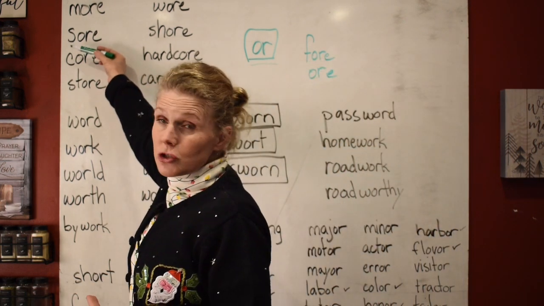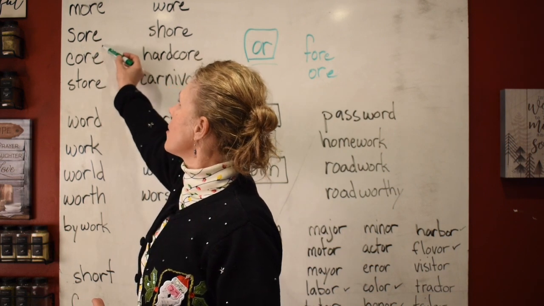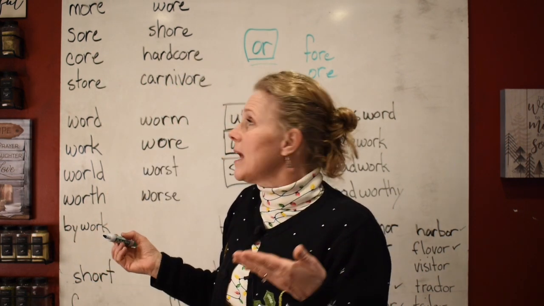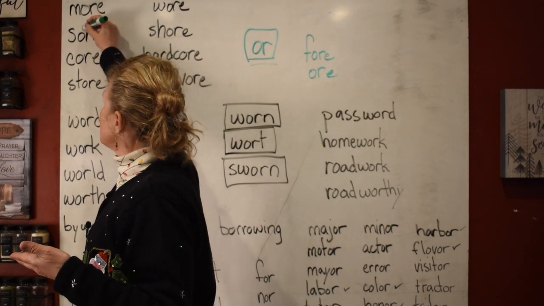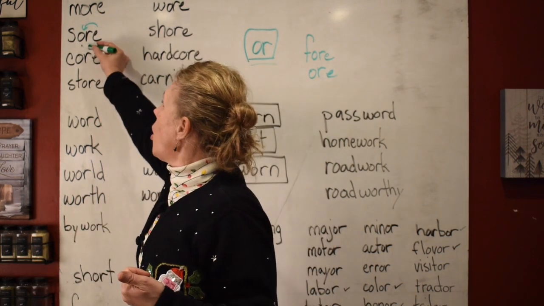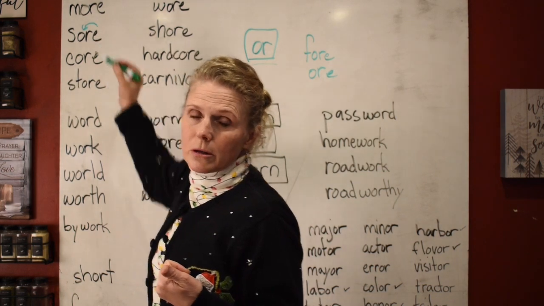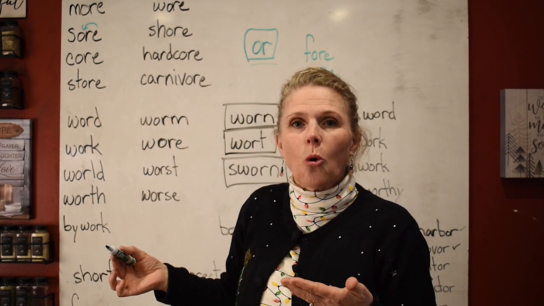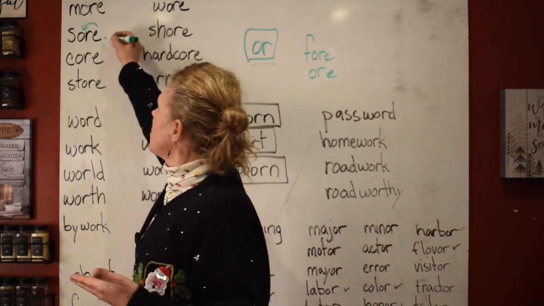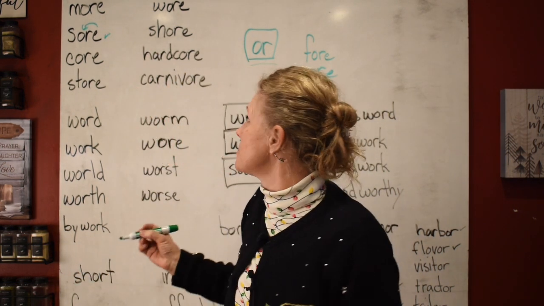Now we have soar, s, or. Now we could even say that this is a silent E syllable because we have O-R-E, or, but it still says or, but I would still call these silent E syllables.